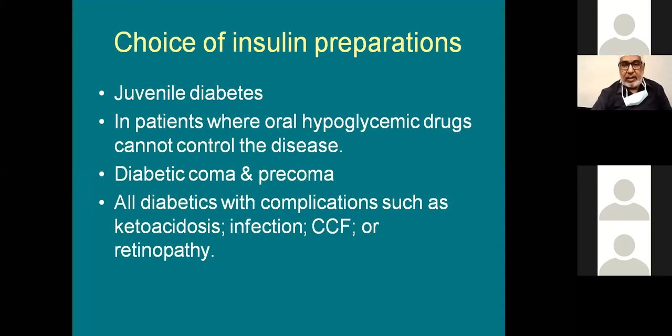Juvenile diabetes, as we have discussed, type 1 or juvenile diabetes. Then of course in patients where oral hypoglycemic drugs cannot control it. As we are discussing type 2 diabetes, we administer oral hypoglycemic drugs, sulphonylurea, biguanides, thiazolidine and alpha-glucosidase inhibitor drugs.